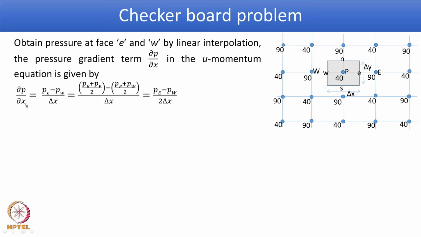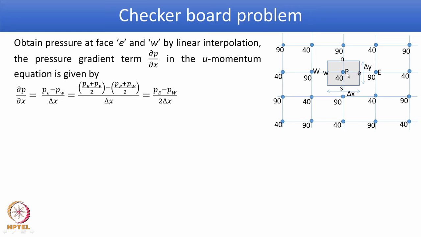So, ∂P/∂x for the cell that is shown is actually P at the east face minus P at the west face, divided by delta x, and that is what is shown here because it is ∂P/∂x. Now, P at the east face is obtained by linear interpolation.